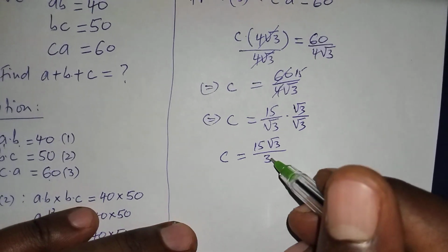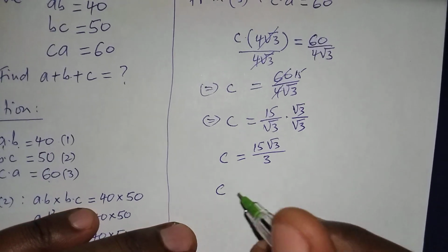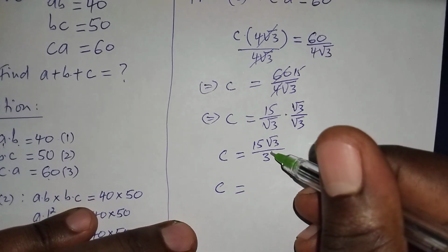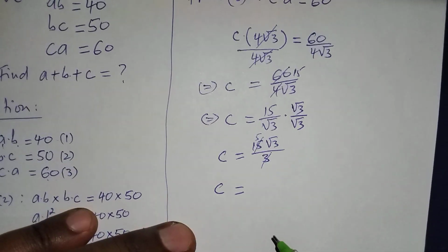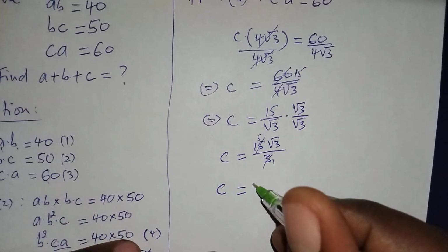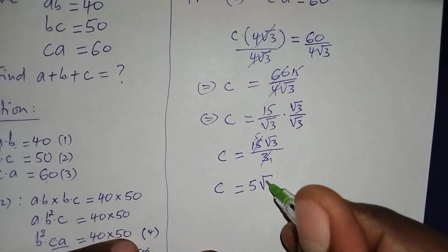So the value of C is equal to, let's simplify this. Here we have 5 over 1. This is 5 square root of 3.